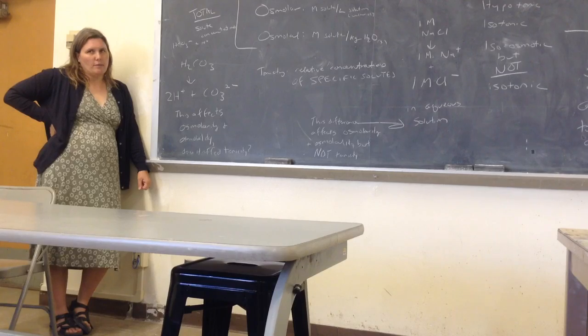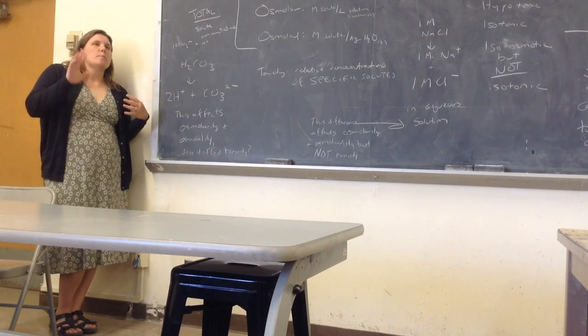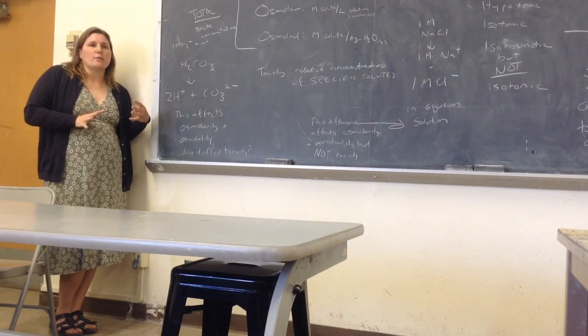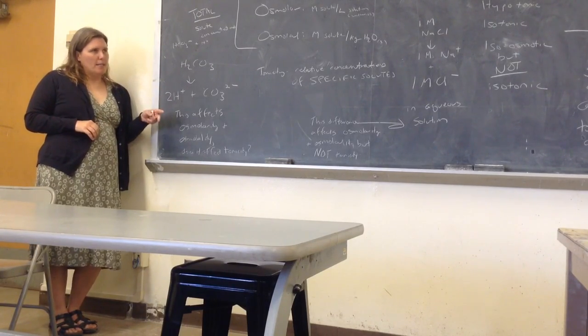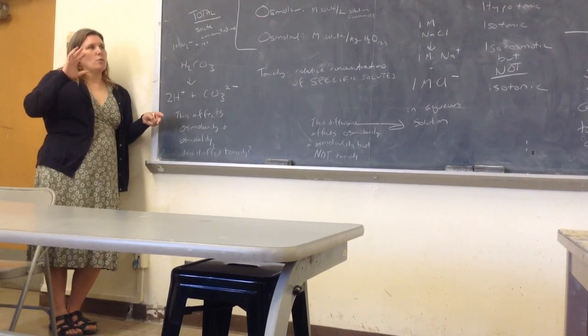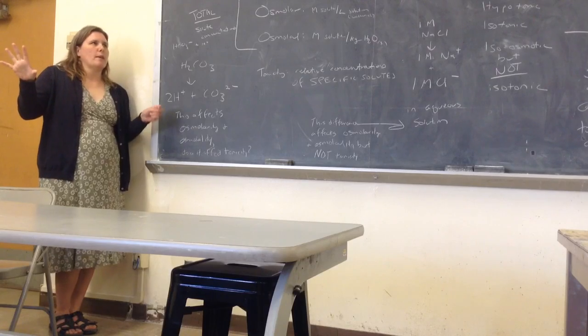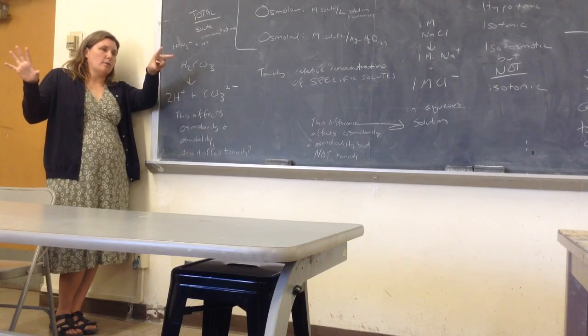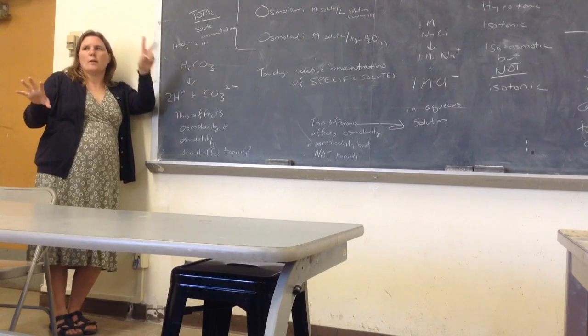So that depends. Tonicity is always a relative term, so it will depend on what you're comparing it to. In other words, if you just made this solution, you now have 2 hydrogen ions and 1 carbonate ion. Over here, you have 1 hydrogen ion and 1 carbonate ion. This one is now hypertonic relative to this one.